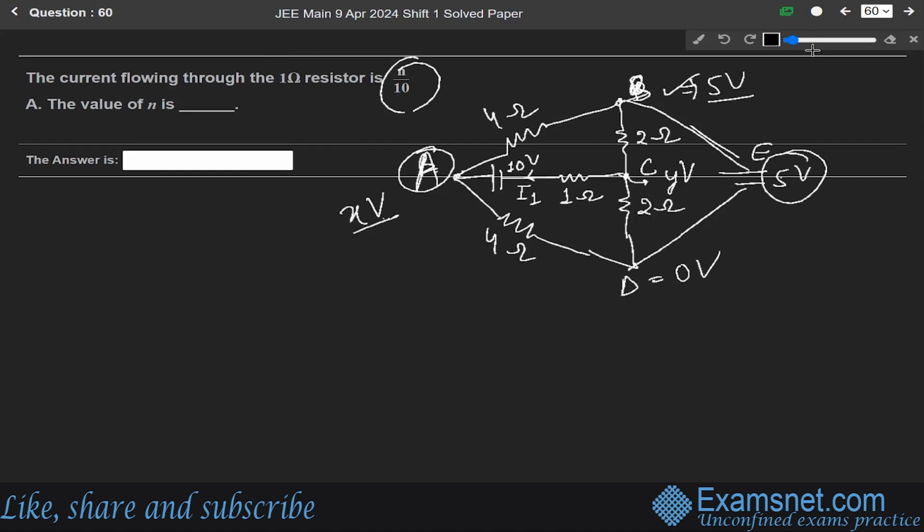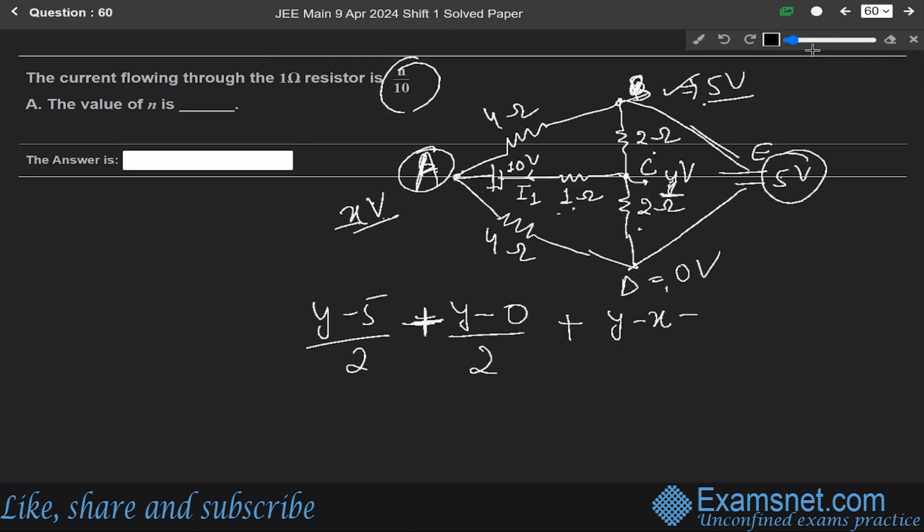So for this, we can write Y minus 5 over 2 plus Y minus 0 over 2 plus Y minus X plus 10 over 1.